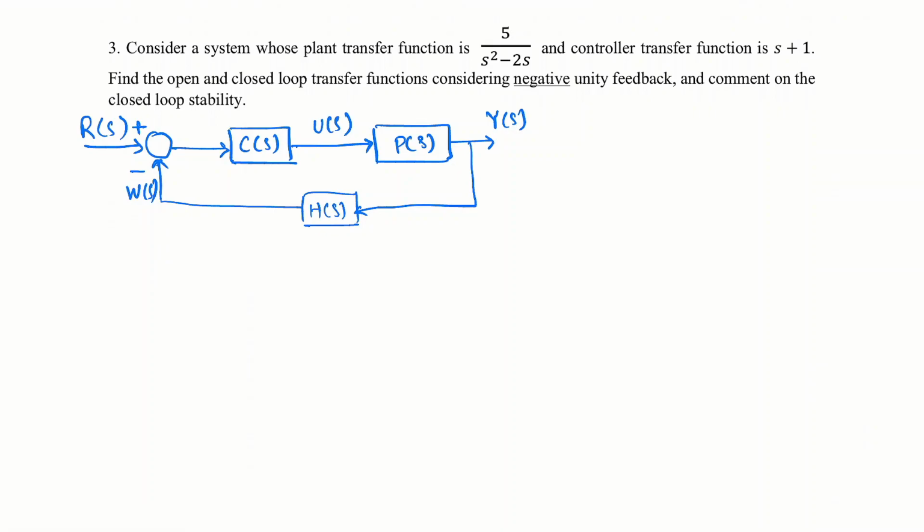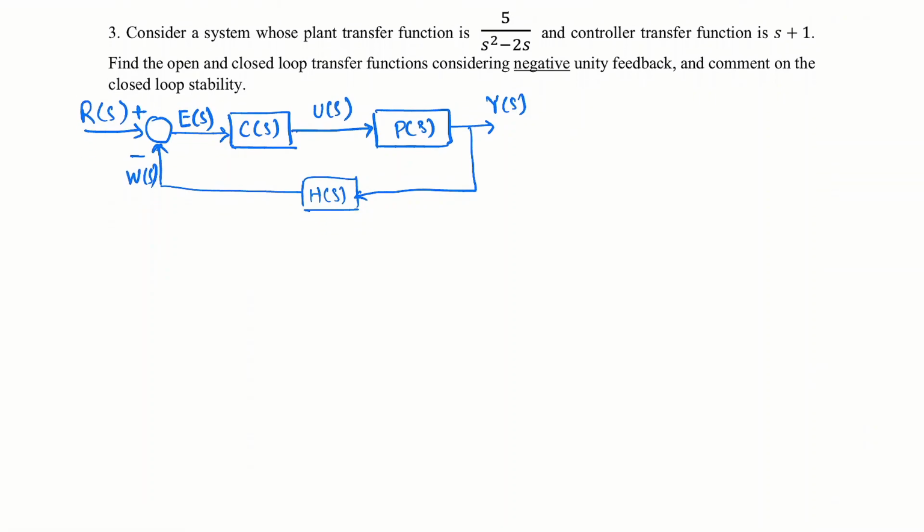This error, let us call E of S. Now this negative sign here signifies that we are working with negative feedback. When we are saying unity feedback, that means H of S is equal to 1.